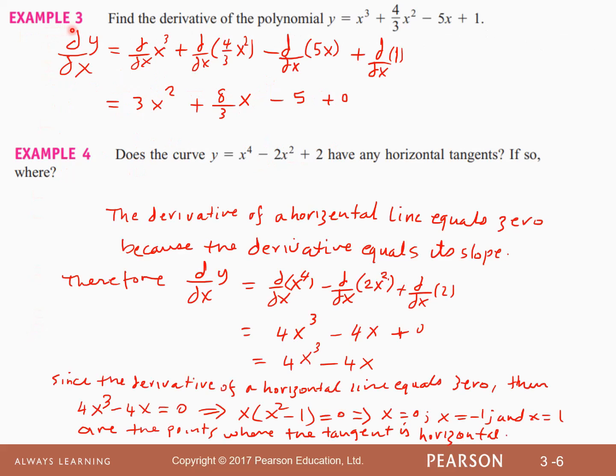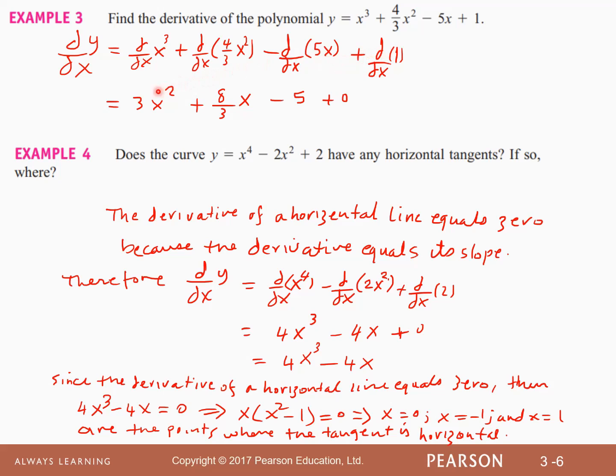Example 3. Find the derivative of the polynomial y equals x to the power 3 plus 4 over 3 x squared minus 5x plus 1. dy by dx is equal to d by dx of x cubed plus d by dx of 4 over 3 x squared minus d by dx of 5x plus d by dx of 1.